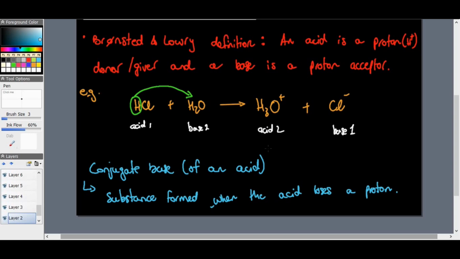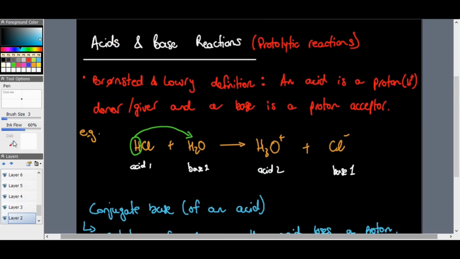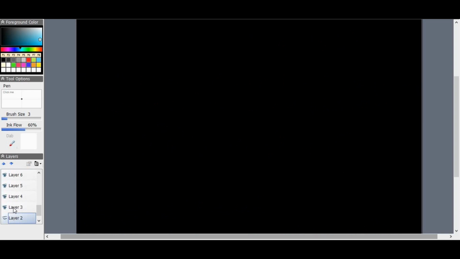Now, the second term I explained, which I'll write down for you, is that the substance formed when the base gains a proton is called the conjugate acid of the base. If you take another example, let's have example 2. Let's say we have H2O plus NH3.